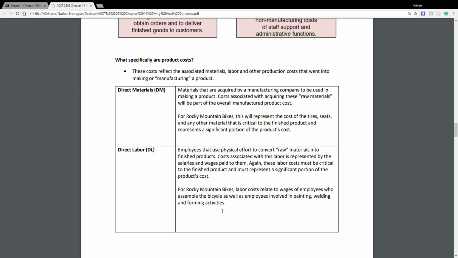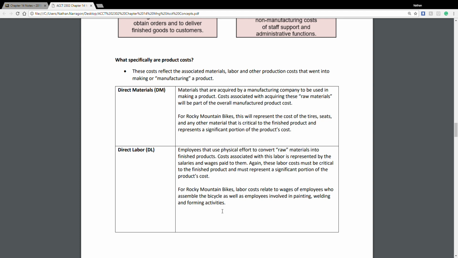We always use raw materials, and we're going to get into how to budget raw materials later on. Direct labor. Direct labor is any employee that uses physical effort to convert the materials into finished products. So this is any cost of salaries and wages, and they must be tied to the product. These are basically people that touch the product. Without them, we cannot produce.